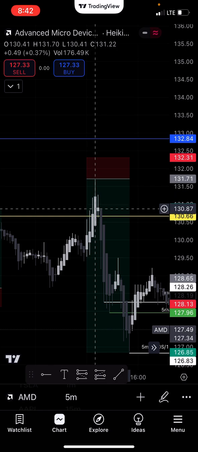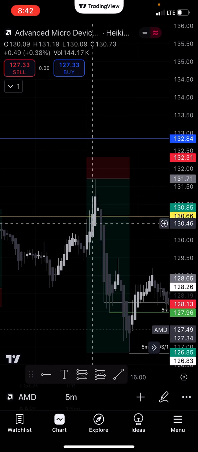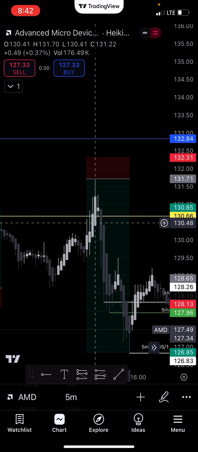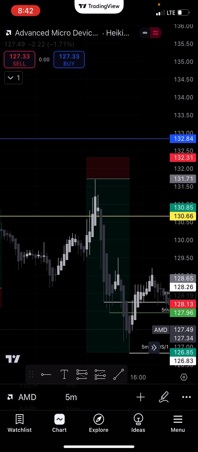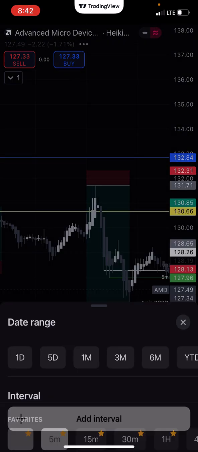And this next candle, I know from experience that if it was a strong breaker block, the market would have expanded up pretty high and pretty quickly, which didn't happen. So I knew we had low volume.